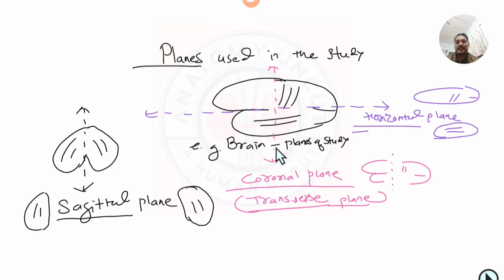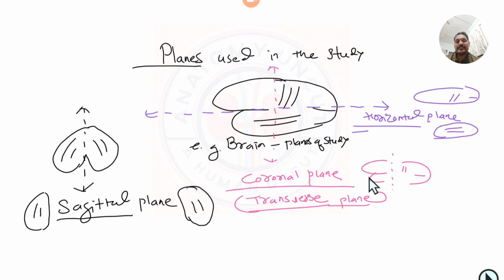See, I have taken a primitive example, the brain, as your tissue, and how you study the brain. This is your front part, this is the back part, this is the upper part, this is the lower part of the brain. Now if you take a section of the brain that divides the brain into anterior and posterior parts, this will be a coronal plane.